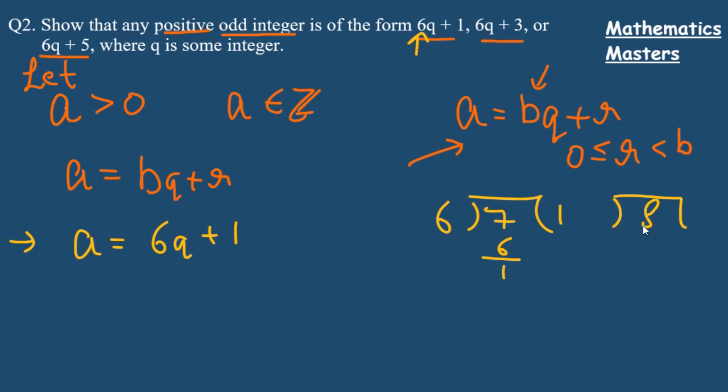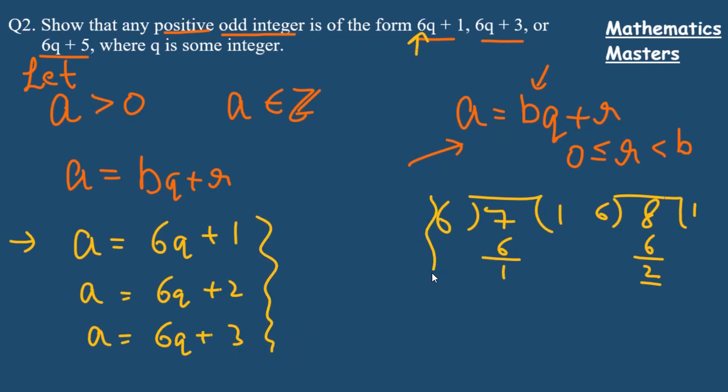If a is 8, I'm dividing 8 by 6: 6 times 1 is 6, remainder is 2. Now a can be written as 6q plus 2. Similarly, if a is 9, the remainder that I will get would be 3. Okay, so some pattern is there.